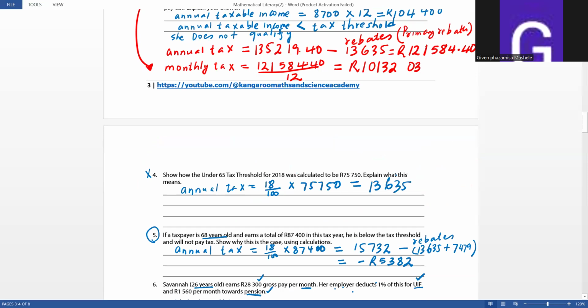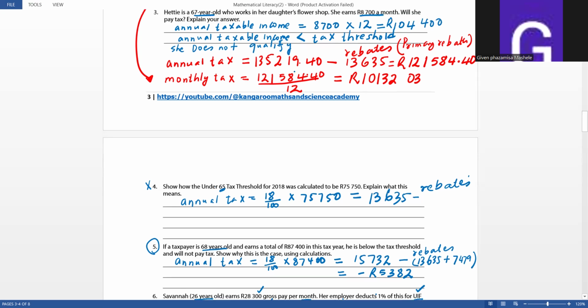Then from this, we need to subtract the rebates. This person is under 65, so already qualifies for the primary rebate. So what is the primary rebate?